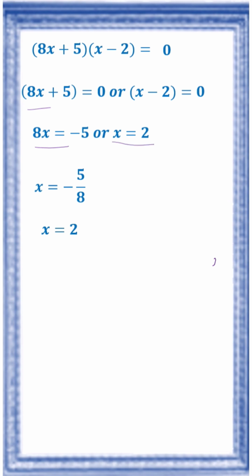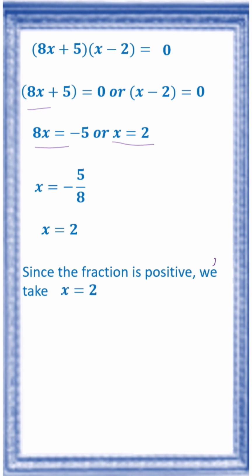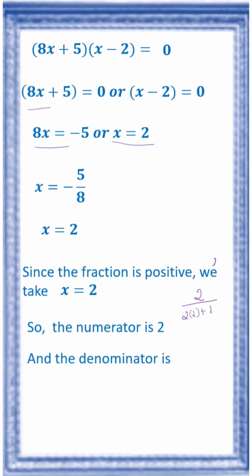Now we have got two values. Since the fraction is positive, as given in the question, we take x is equal to 2. So numerator is 2, then denominator 2 into 2, 2x plus 1, 4 plus 1, 5. So the fraction is 2 by 5.